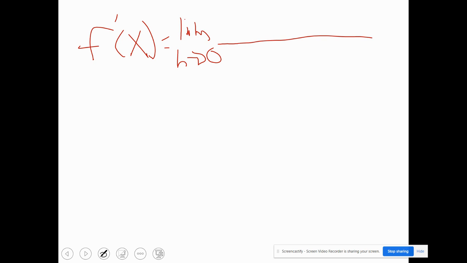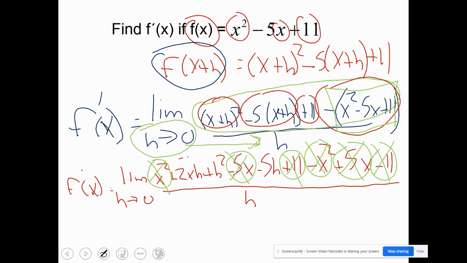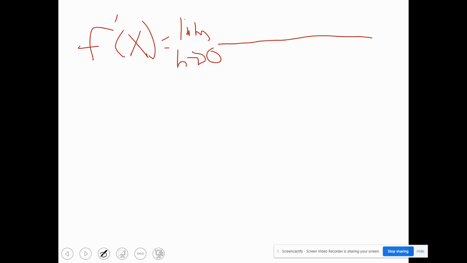All right, so f prime of x equals the limit as h approaches 0, and we keep writing that until we plug in h equals 0, of, I'm left with a 2xh and an h squared, 2xh plus h squared.